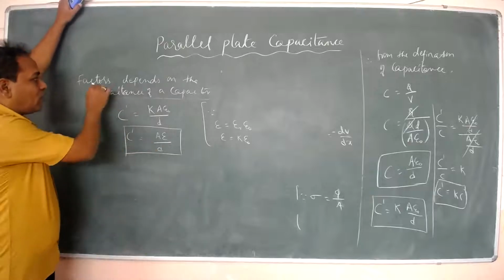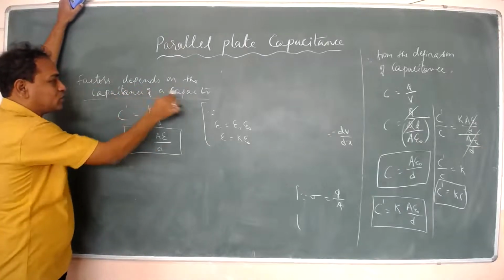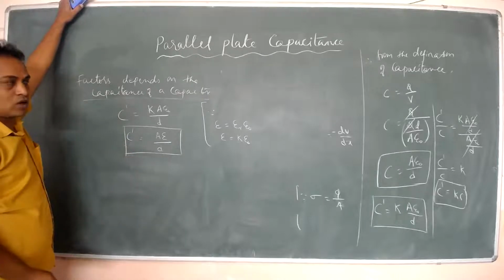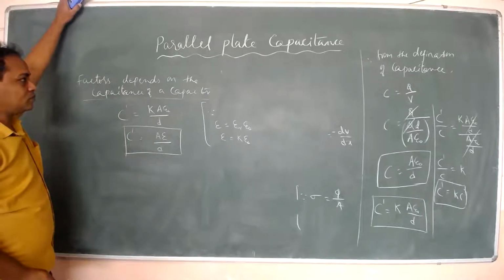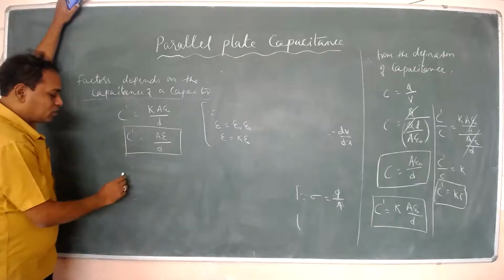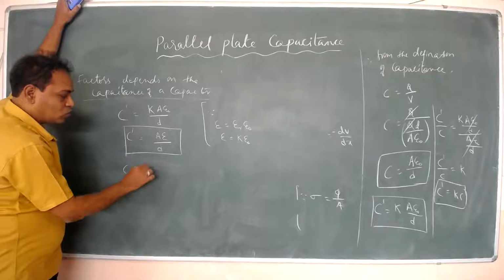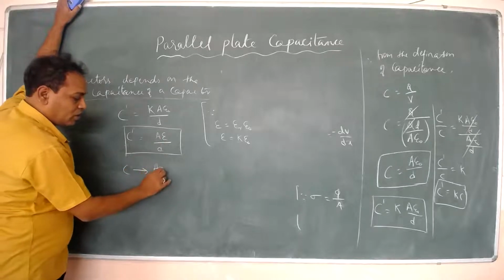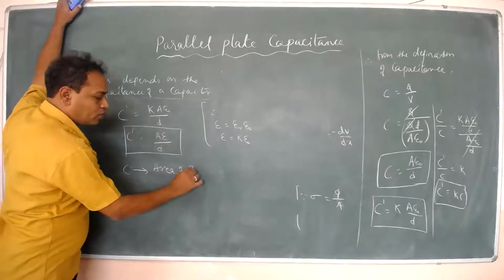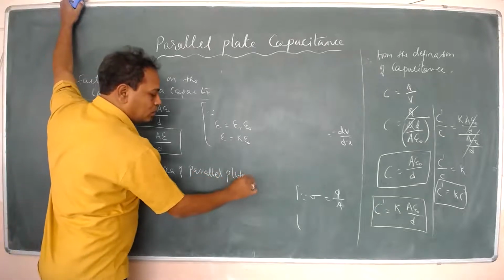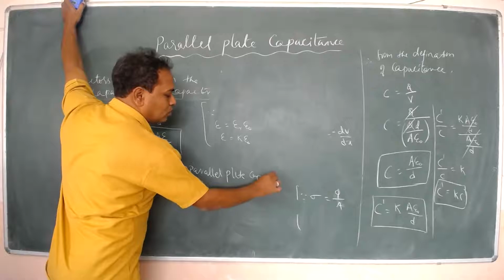So here, the factors on which the capacitance depends. It is very clear that capacitance depends on what factors? First is the area of the parallel plate capacitor.